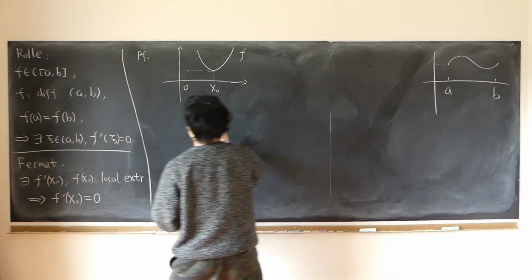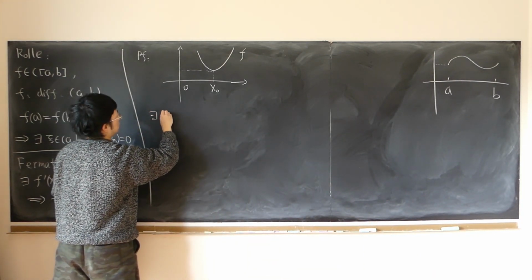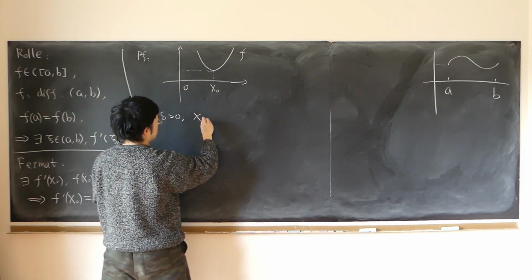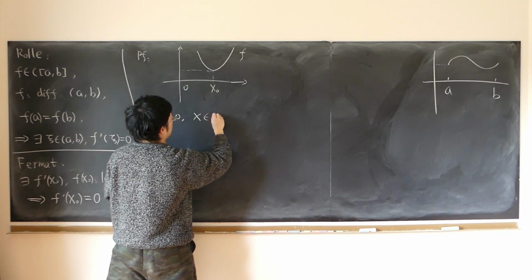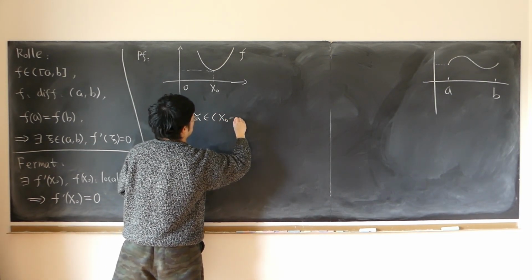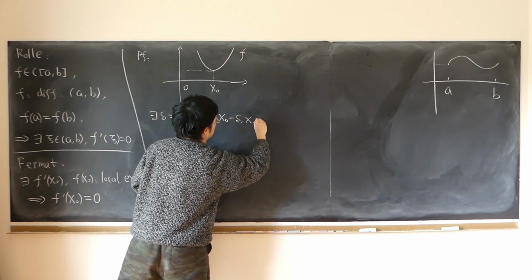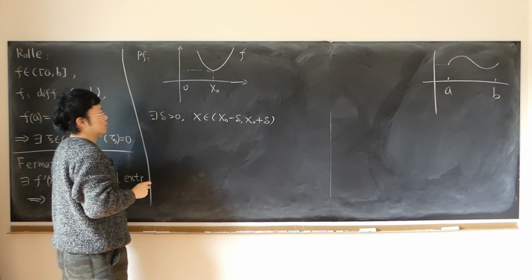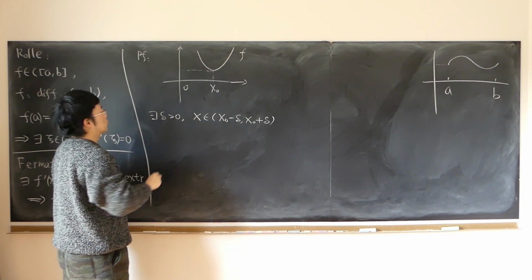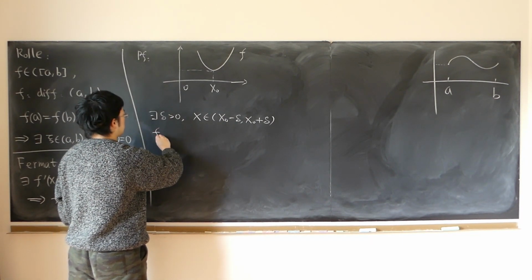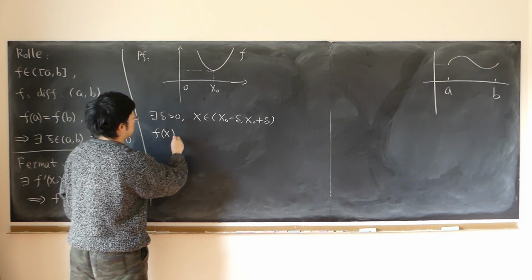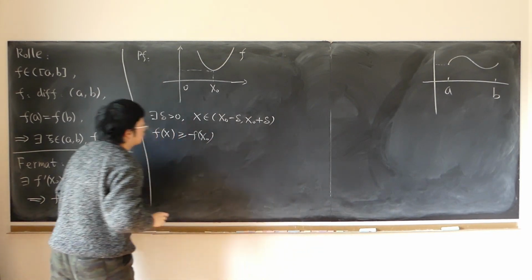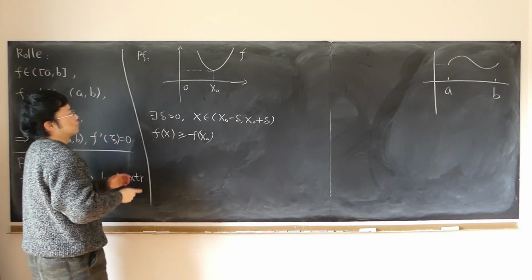In other words, there exists delta so that when x lives inside the open interval of x0 minus delta and x0 plus delta, as long as x lives in this open neighborhood, then we always have f(x) is no less than f(x0).